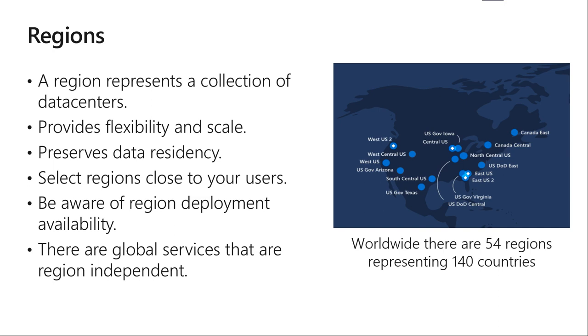The regions provide customers the flexibility and scale needed to bring applications closer to their end users. For example, the content delivery network, CDN, like the Office updates when they push, and Microsoft Stream.